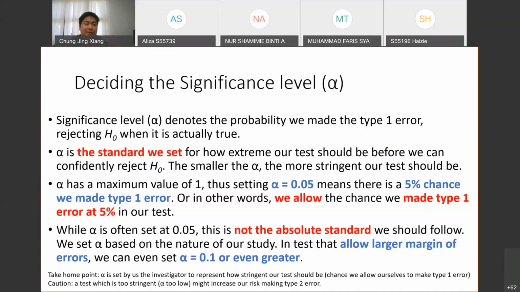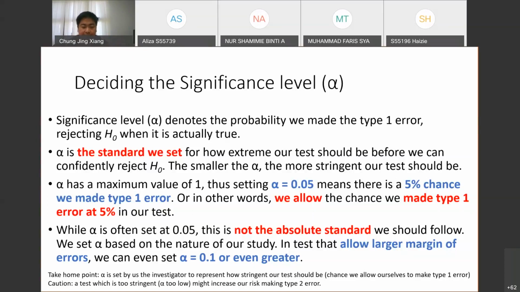If we are doing something that allows a larger margin of error, we can set alpha to be larger, like 0.1, meaning a 10% chance you make a type 1 error, or even larger. But if your test has to be very accurate, you set your alpha to be small, like 0.01, meaning only a 1% chance of error, or even smaller.